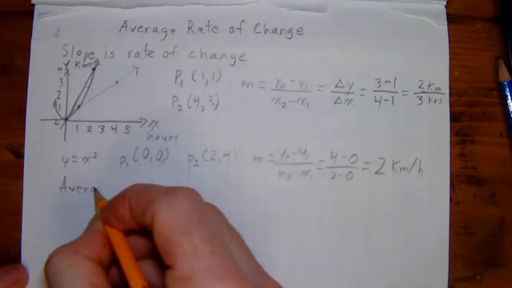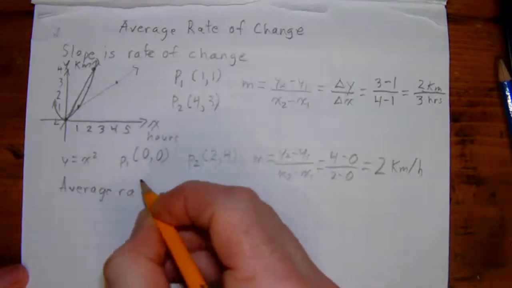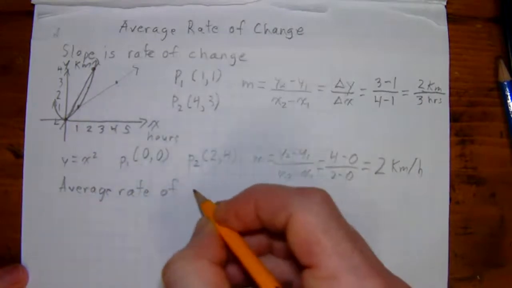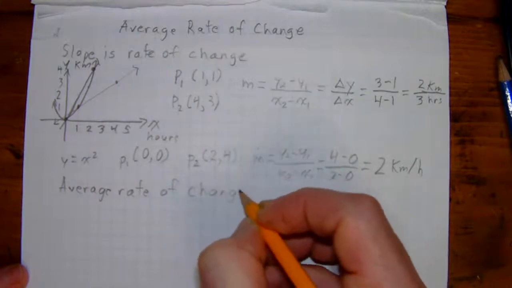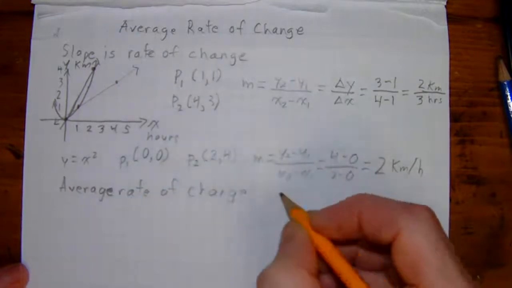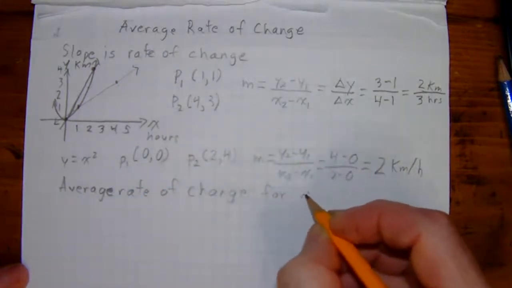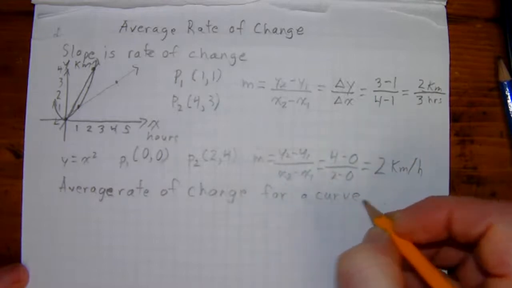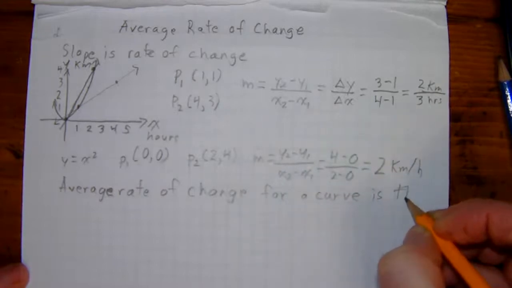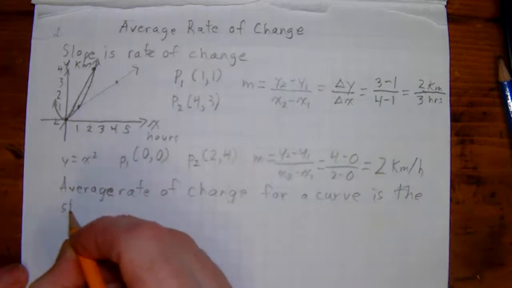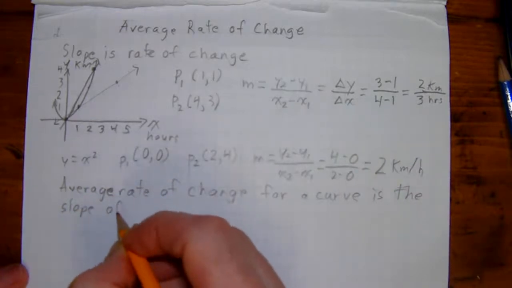So average rate of change for a curve is the slope of the secant line.